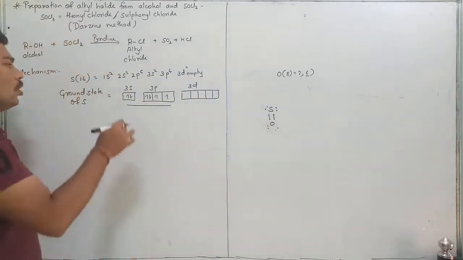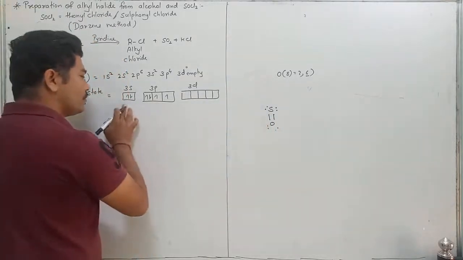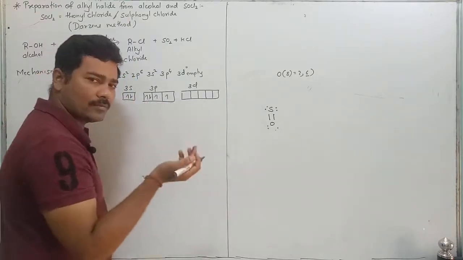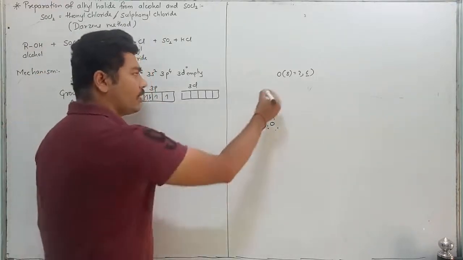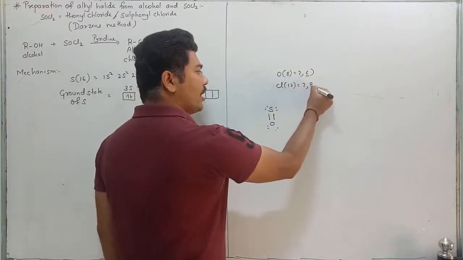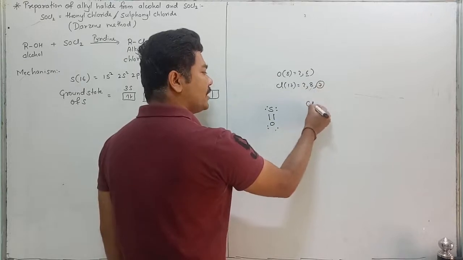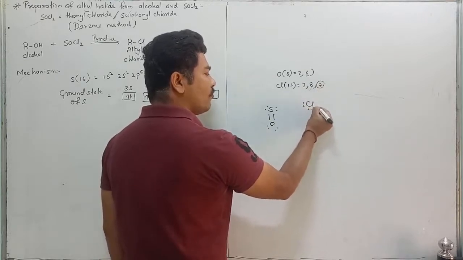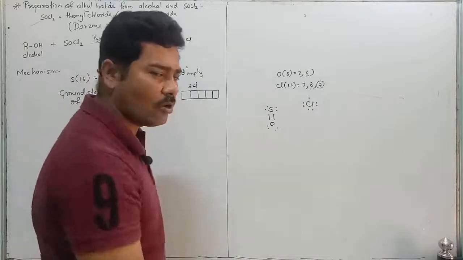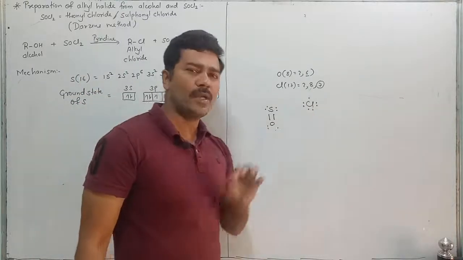But when chlorine arises over here, it wants an electron to react. Chlorine has atomic number 17, that is 2, 8, 7. How many electrons does Cl have? 7. It wants one more electron to complete its octet.